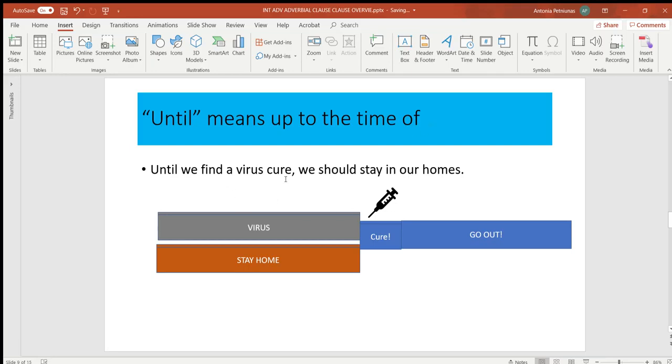Until we find a virus cure, we should stay in our homes. So here we have virus cure, stay in our homes, cure, woohoo! Now we should go out. Until. We stop here, until. Okay?